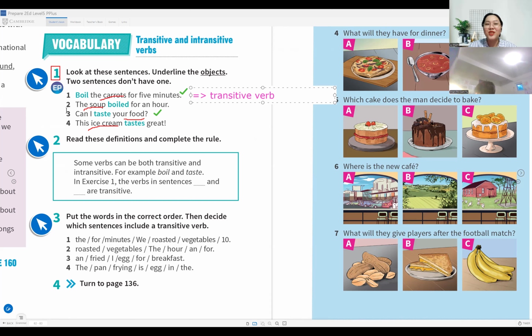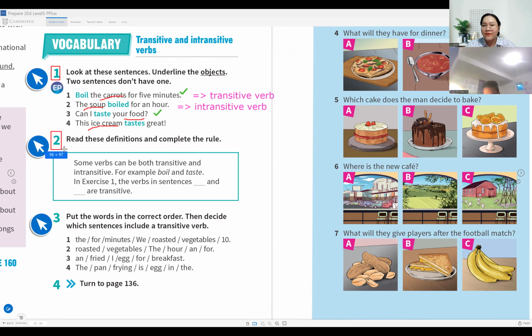Number two and number four, they are intransitive verbs. If there is an object or even two objects after a verb, this verb is a transitive verb. But if we cannot find any objects after a verb, the verb here is an intransitive verb. Just that. Okay. And now let's try to finish exercise two.